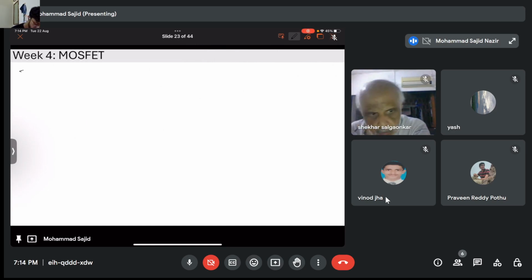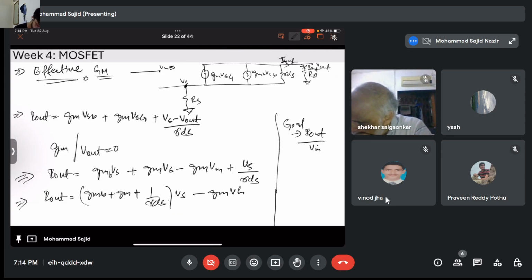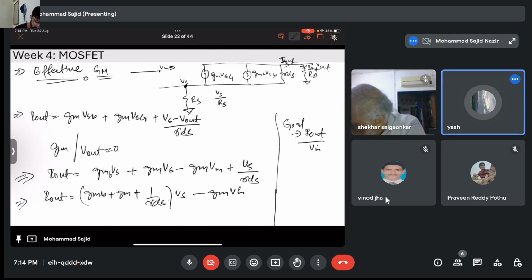Next I have to calculate Vs. Again KCL at node S. So what will be the KCL at node S? That will be Vs by Rs plus Gmb Vsb plus Gm Vsg plus Vs minus V out by Rds.